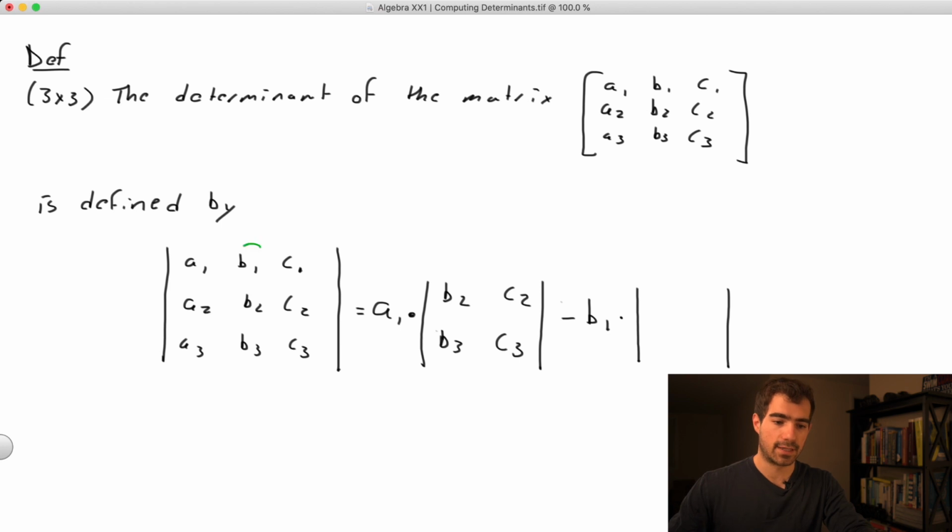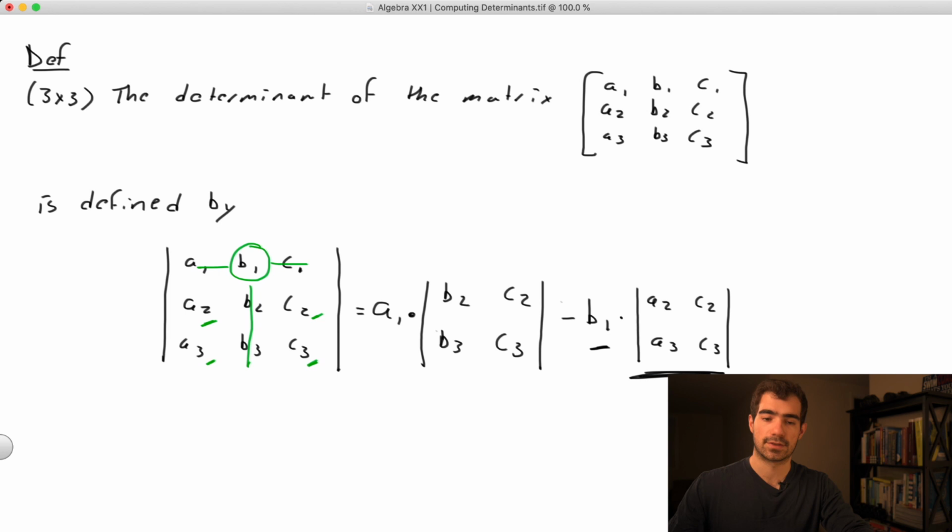If we start here with B1 and eliminate everything in the row and column, then that's going to leave 4 values here that we'll use to form their own matrix. So A2, C2, and A3, C3. And we'll take the product of B1 with the determinant of that matrix.